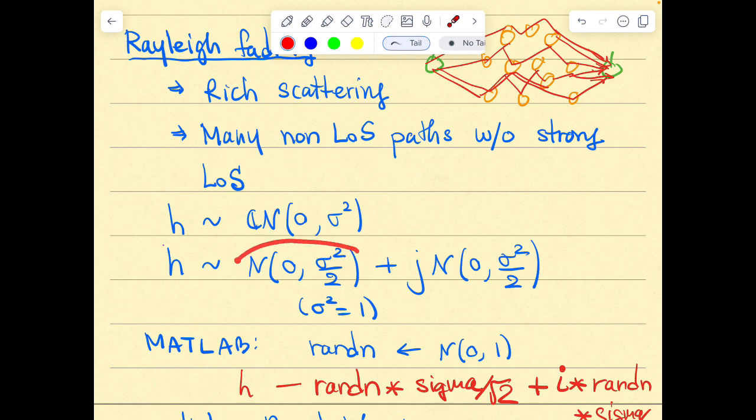The real part is Gaussian with mean zero, and the variance is half, so it's sigma squared divided by 2. And then the imaginary part is also Gaussian with mean 0, and the variance is sigma squared over 2. And these two variables are independent of one another.